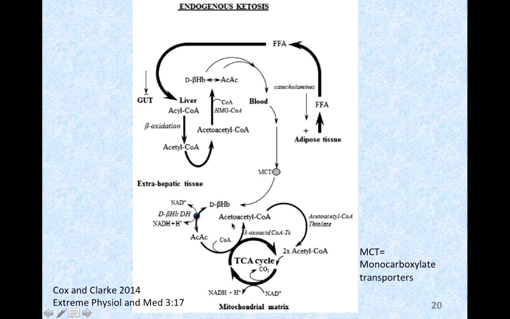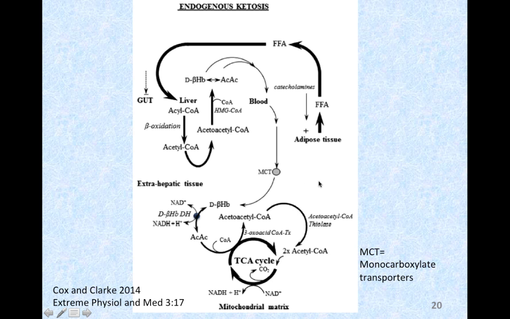Then picks up a CoA, becomes acetoacetyl-CoA. And then is split to generate 2 acetyl-CoAs, and that can go into the Krebs cycle. Okay? So again, we've gone from fatty acids to acetyl-CoA molecules that are used for Krebs cycle. Okay? And this is in other tissues, including muscle.